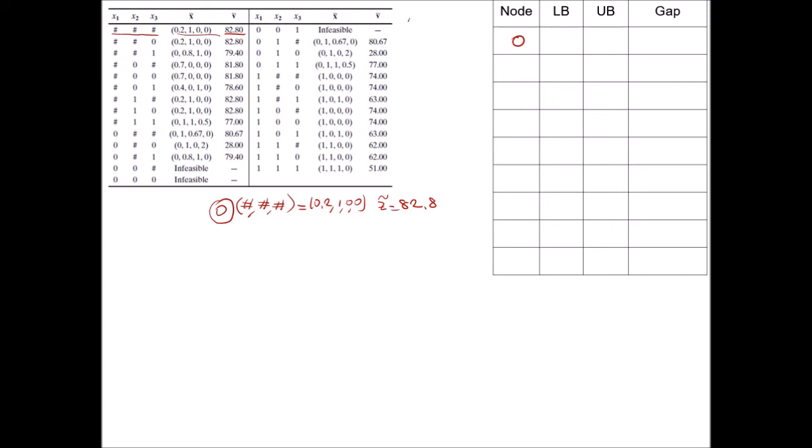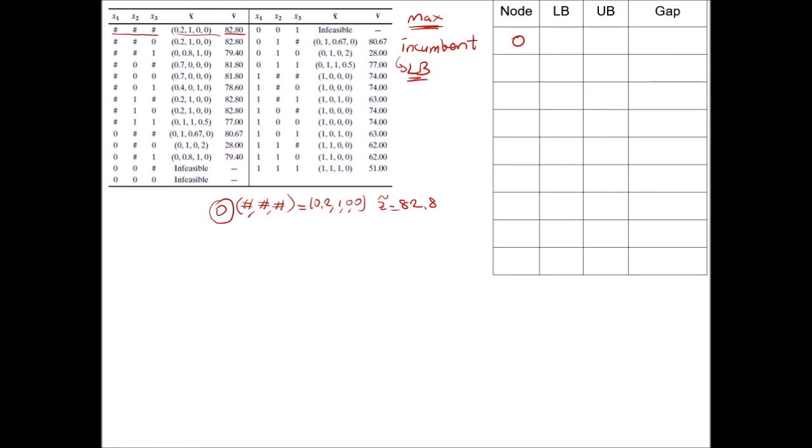Remember, this problem was a maximization problem. And in the branch and bound algorithm for a maximization problem, it says that initially, we don't know any integer solution, okay? We don't know any integer solution. So we call it the incumbent. Incumbent is the best integer solution that we find until this time. And it is currently 0. So for a maximization problem, the incumbent value will give us the lower bound, okay?